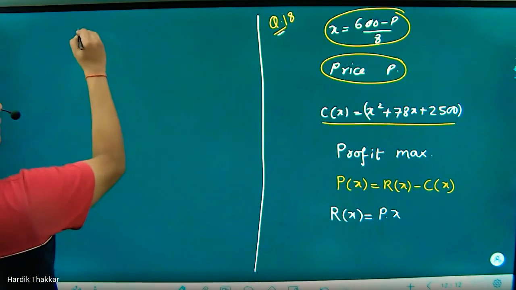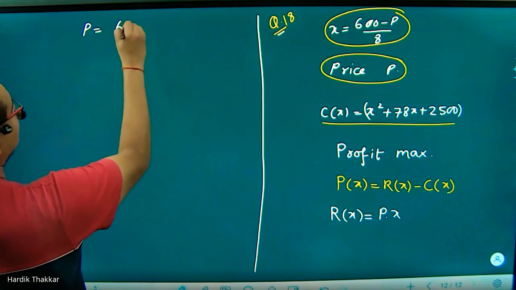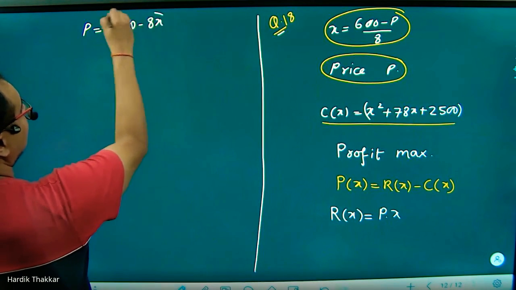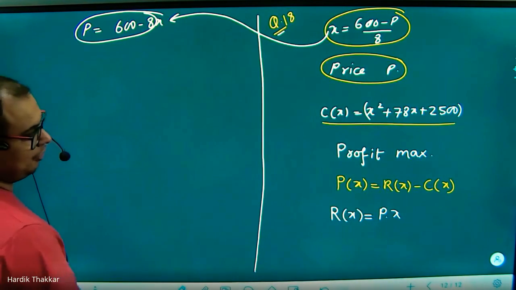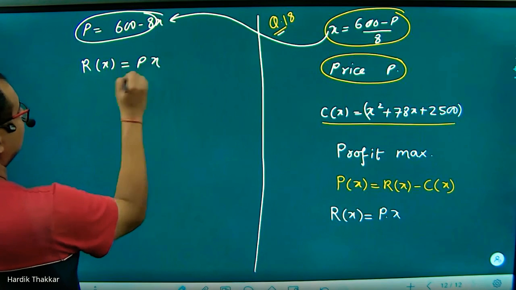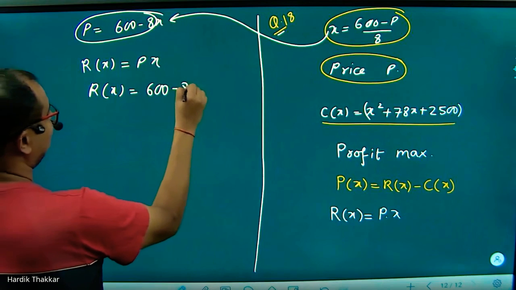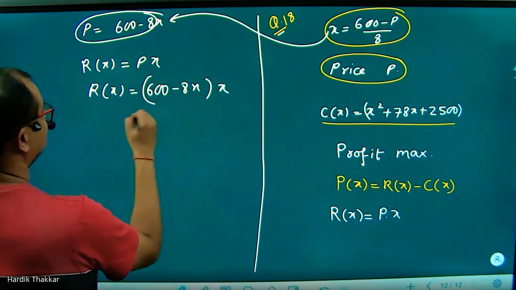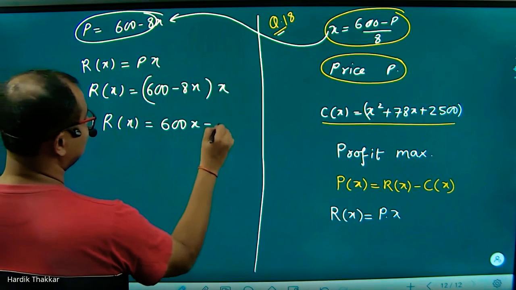So value of p in terms of x, it will be what? It will be, I think, 600 minus 8x. Okay, चेक करो यहां से, ये p की वैल्यू आ जाएगी in terms of x. Further, r of x is equal to p into x. So r of x will be what? 600 minus 8x into x. So r of x will be 600x minus 8x square.